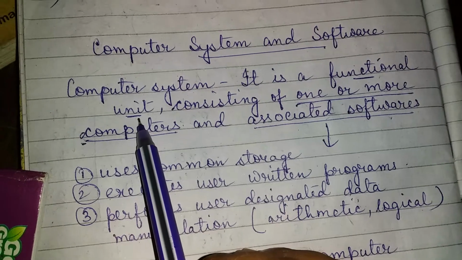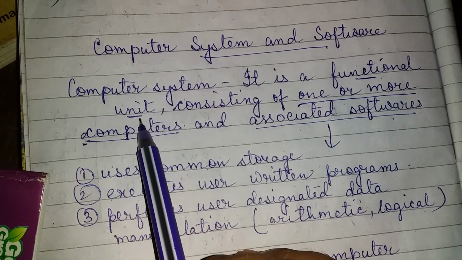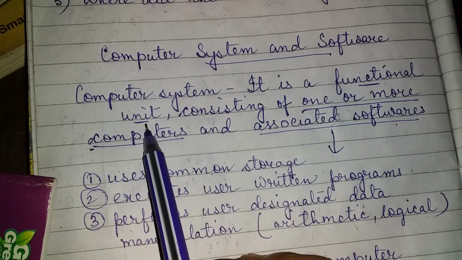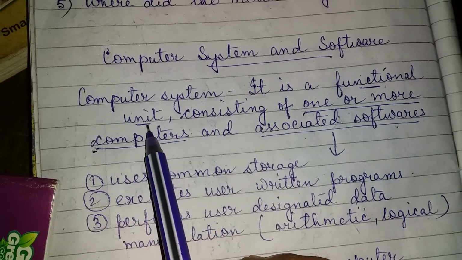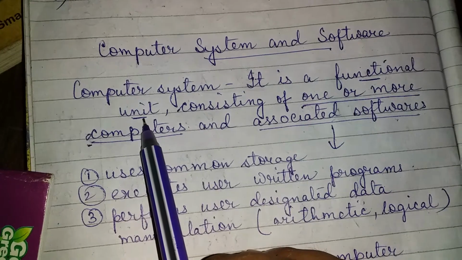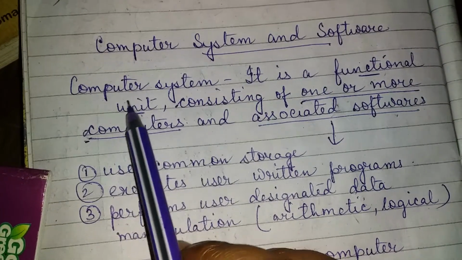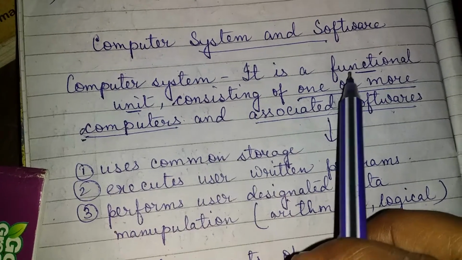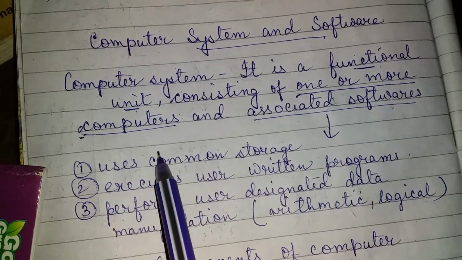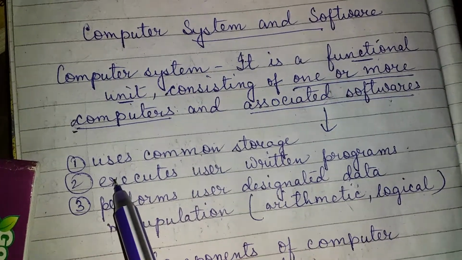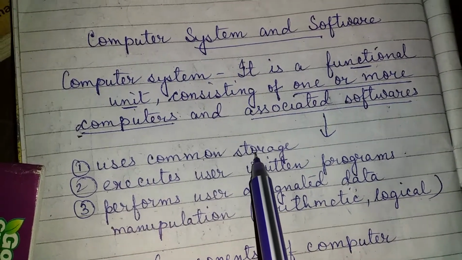Operations means the calculations, or which one is bigger or which one is smaller, logical calculations, all called for by the computer program. So these are all done by our computer system, which consists of not one but more computers and with it associated software that uses common storage.